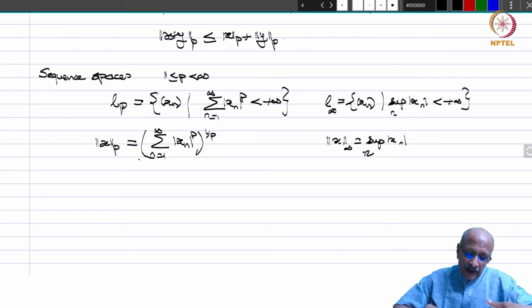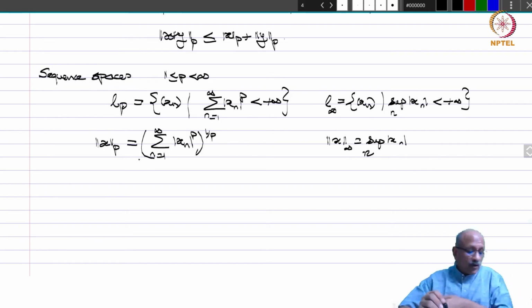So again, all the other properties of norm are obvious. So we will, in one stroke, prove that little ℓ^p is a vector space, and simultaneously it will also show that the norm ||x||_p satisfies the triangle inequality. So let us do that.